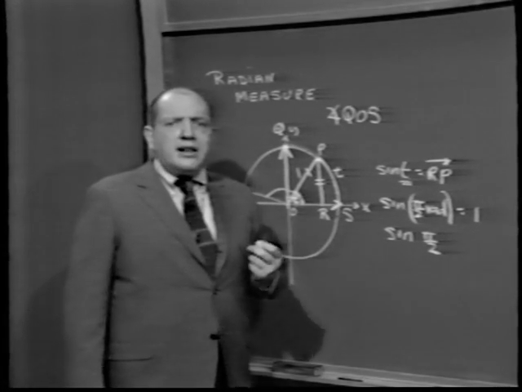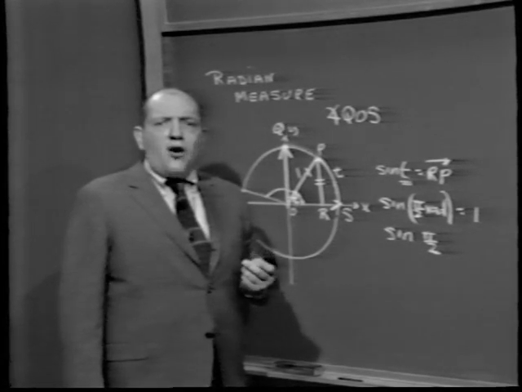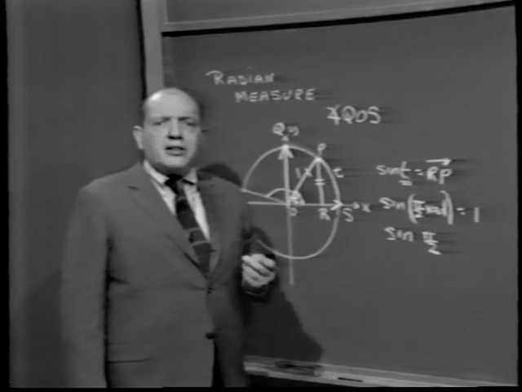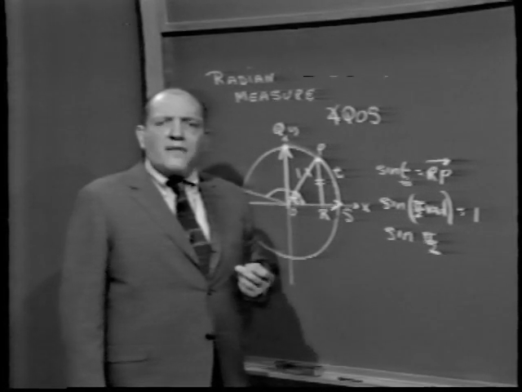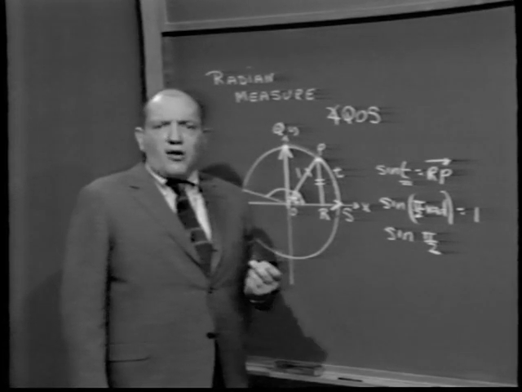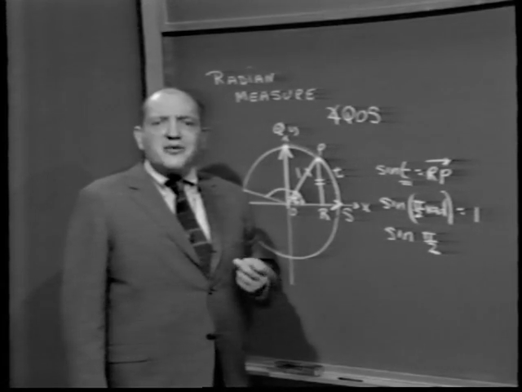But the beauty is what? That if we agree to use radian measure, then we have no ambiguity when we talk about the sine. The sine of the number t will equal the sine of the angle t radians. The cosine of the number t will equal the cosine of the angle t radians.